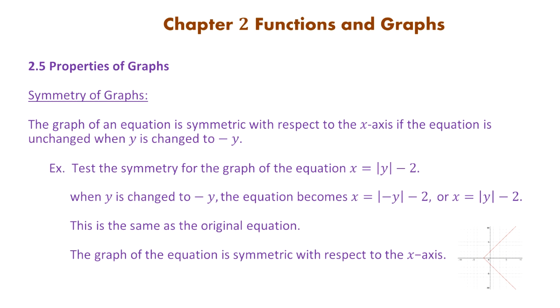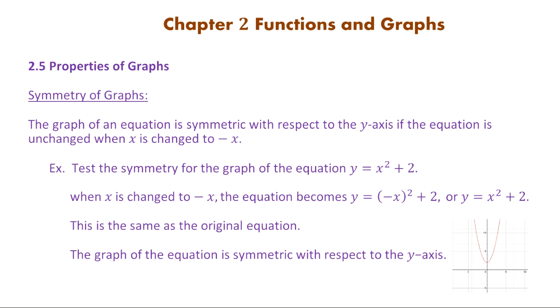You can see in the graph that the upper and lower parts are symmetric with respect to the x-axis, right? So this is the symmetry we are talking about. That's the first type of symmetry of a graph. Obviously, you can also talk about symmetry with respect to the vertical axis, or y-axis.